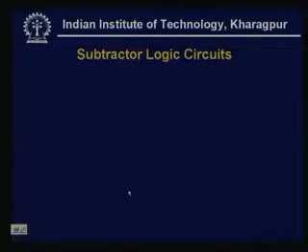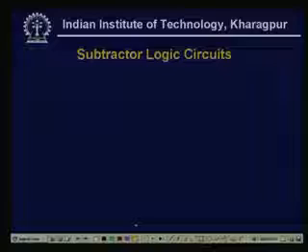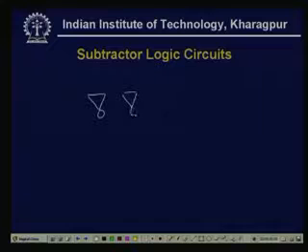So the subtractor logic circuits we can easily draw, because it is nothing but addition only, where the 2's complement we have to do. If it is a 4-bit number, then only 4 inverters are needed, because this is for flipping the bits.